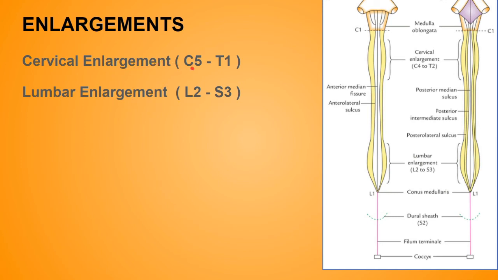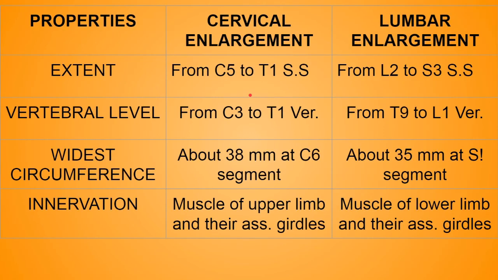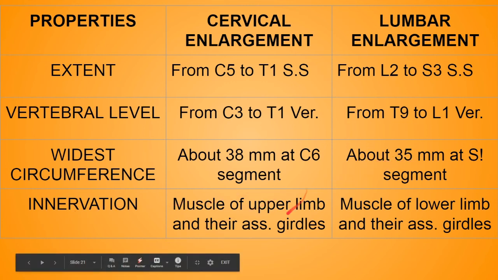So the spinal level for this is C5 to T1 but the vertebral level is C3 to T1, while for the lumbar enlargement the spinal level is L2 to S3 and the vertebral level is T9 to L1. So these are the features: cervical enlargement C5 to T1 and lumbar enlargement L2 to S3, vertebral levels C3 to T1 and T9 to L1. The circumference is 38 mm and 35 mm. The innervation supplies the upper limb and girdles, and the lower limb and girdles.